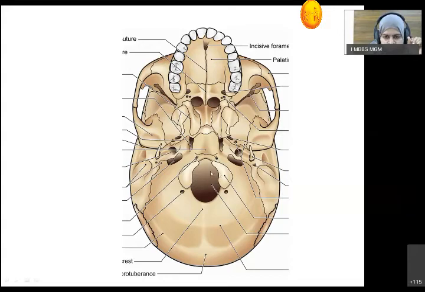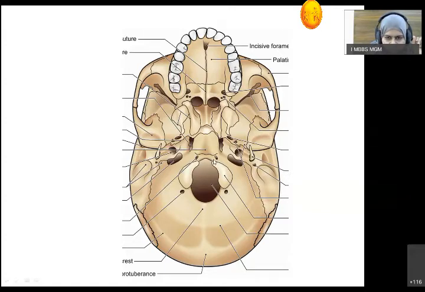So what are the structures seen in the medial part? There is one foramen, the foramen magnum, which is narrow anteriorly and wider posteriorly. On either side of it are the occipital condyles, whose axis is directed forward and medially.